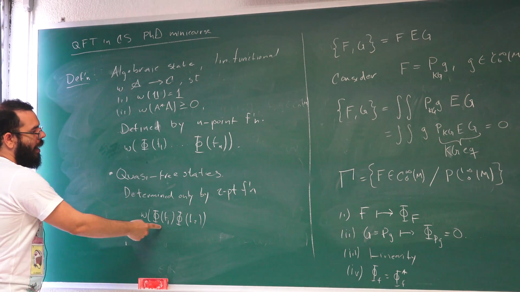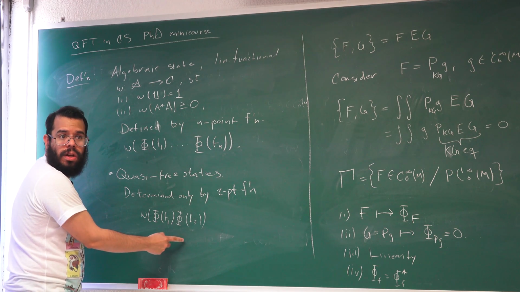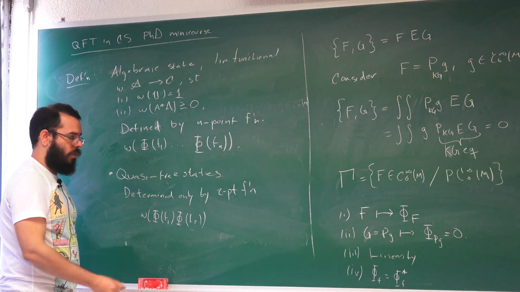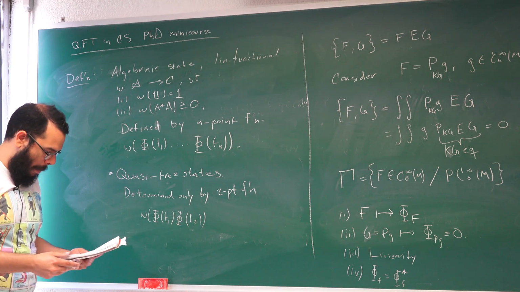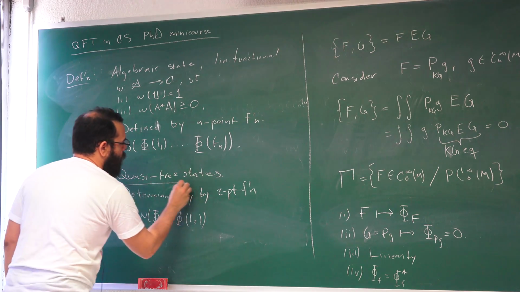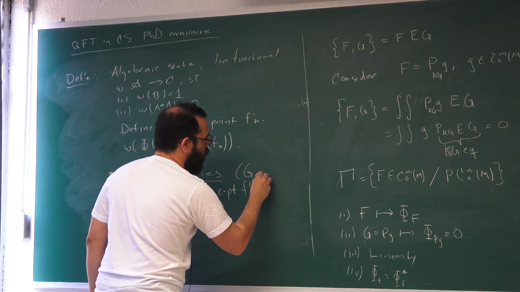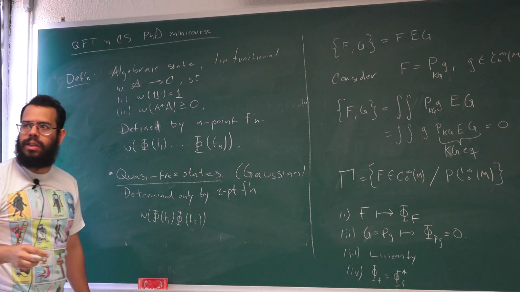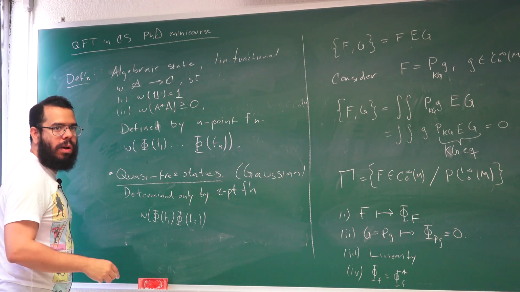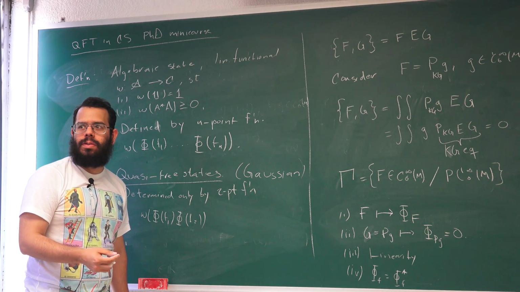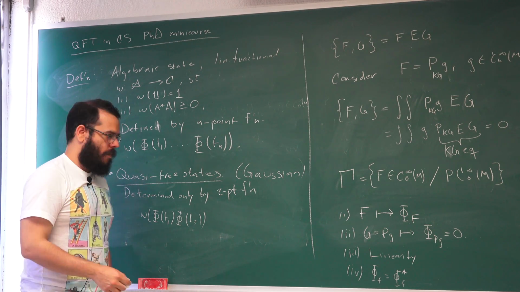If I tell you how they act on this combination, I tell you how they act for every algebra element. That is a definition, quasi-free states. They're also called Gaussian. For example, people in quantum optics call quasi-free states Gaussian, because a Gaussian is determined sort of by the second moment, first moment, and that's it. Okay.